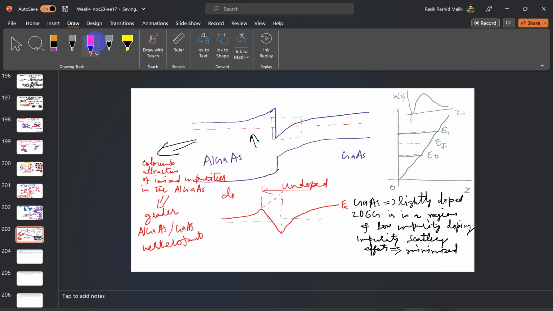and this is doped. So this can further limit the Coulomb scattering due to aluminum gallium arsenide, and this is EC, and this is EF. Okay.